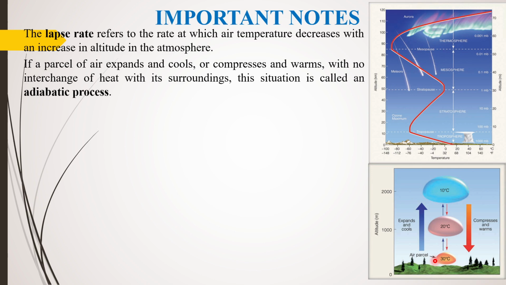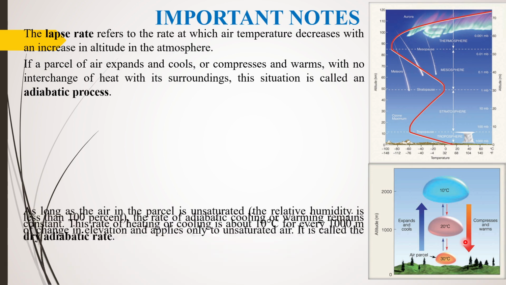You can see here, with an increase in altitude, the air parcel expands and cools, or if you go down, it compresses and warms with no interchange of heat with its surroundings. This is called an adiabatic process.